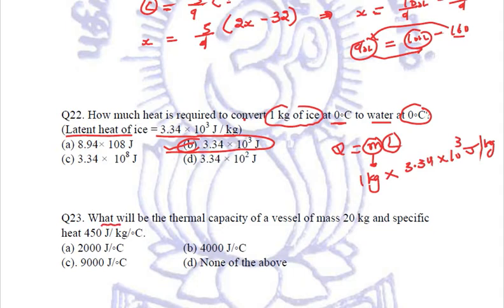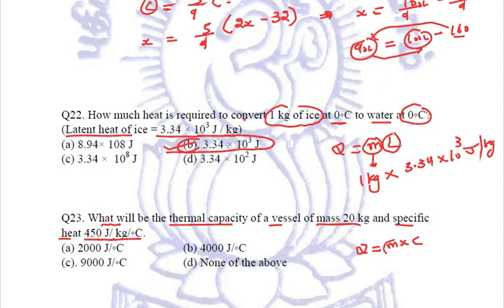What will be the thermal capacity of a vessel of mass 20 kilogram and specific heat 450 joule per kilogram per degree Celsius? Now we know the thermal capacity. How to calculate the thermal capacity? The formula is Q is equal to M into C, where M is the mass and C is the specific heat.